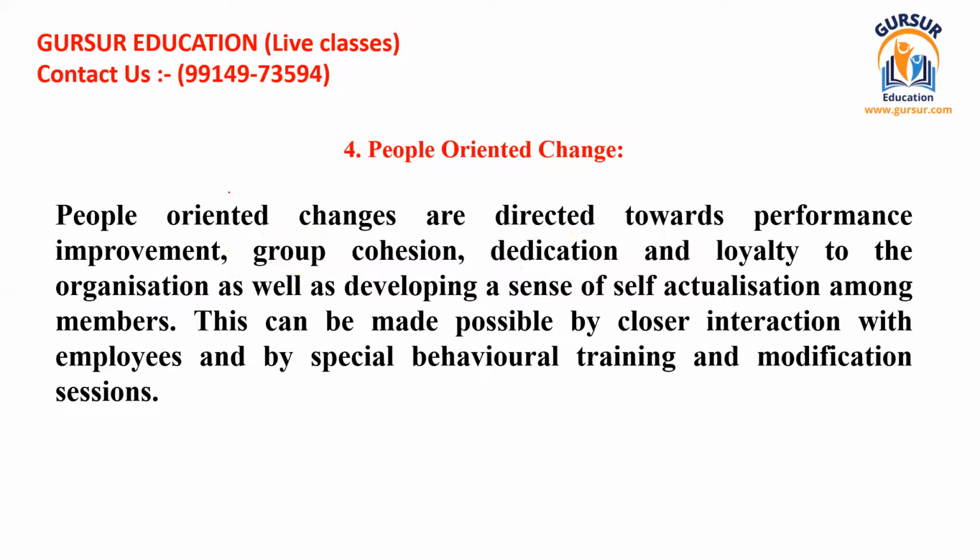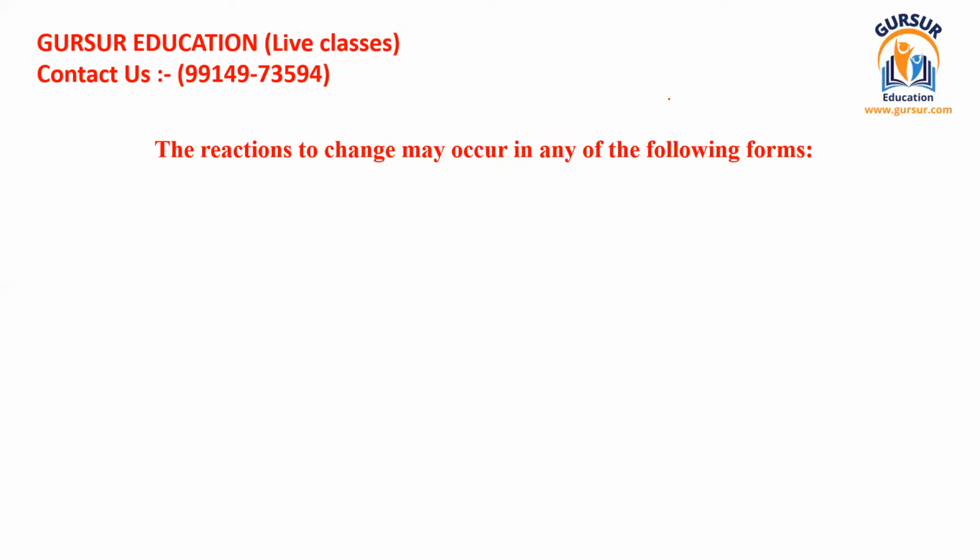That is made possible when there is a structural change in the relationships of people, like you make groups, committees, and form task forces. All these things bring changes in the organization, and these are known as people oriented changes.